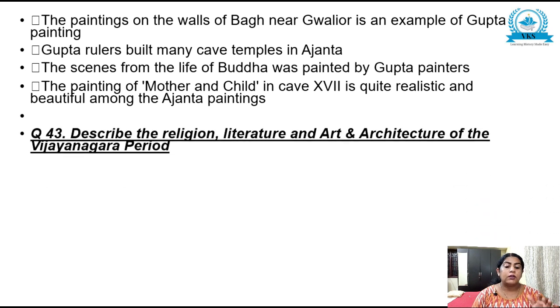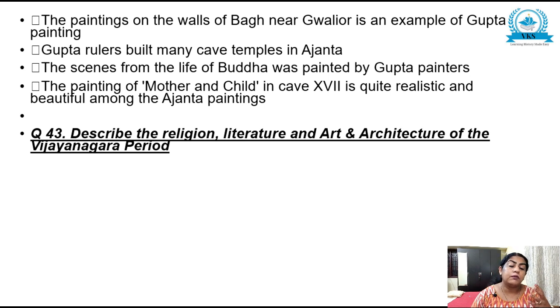So these were the contributions of the Guptas in different fields like education, literature, science, art and architecture. And as a final concluding sentence you can write: because of the contributions in all these fields, the Gupta age is called the Golden Age. So this is how you complete the essay.